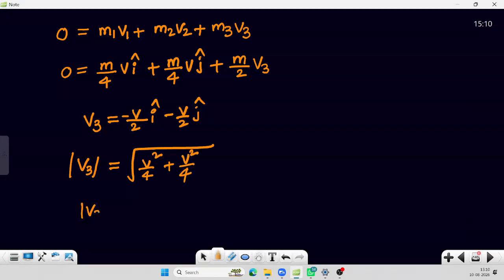So V3 is the square root of 2V squared by 4. The 2 will get cancelled, so that is V by root 2. This is the velocity of the third particle.